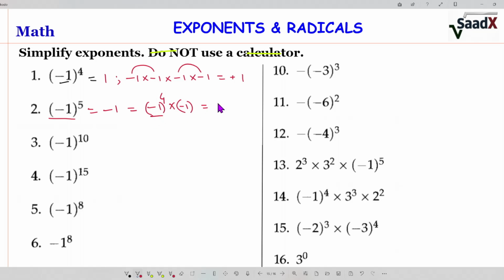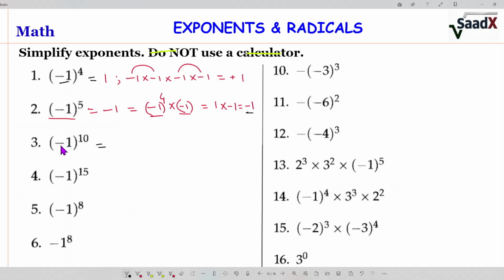So this one becomes plus 1 times minus 1, equals minus 1. So the main thing is, if a number is negative but the power is even, that negative number will become positive, and if the power is odd, that negative number will continue to be minus.